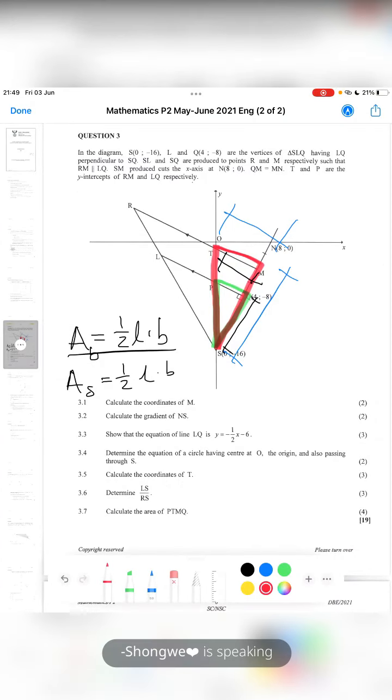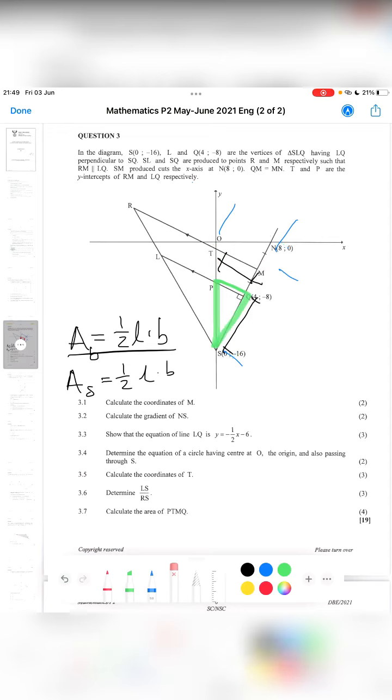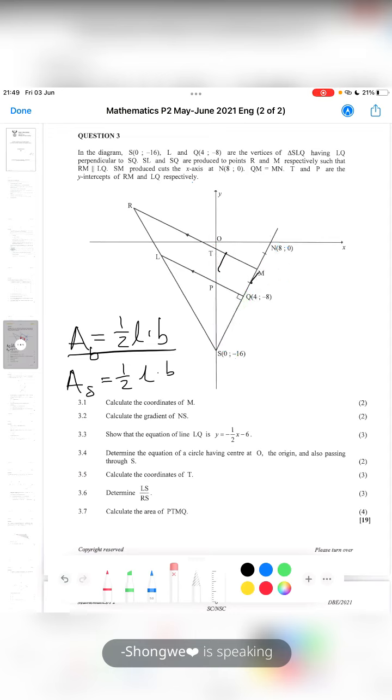Which distance do we have? Do you remember 3.6, sir? Yes. Okay. So what did we calculate?